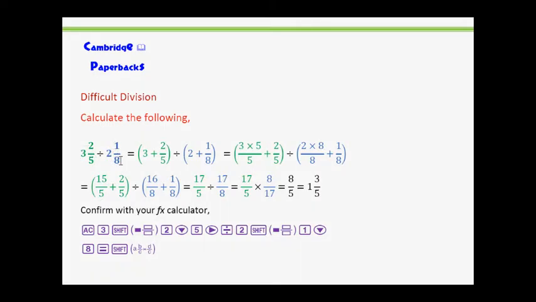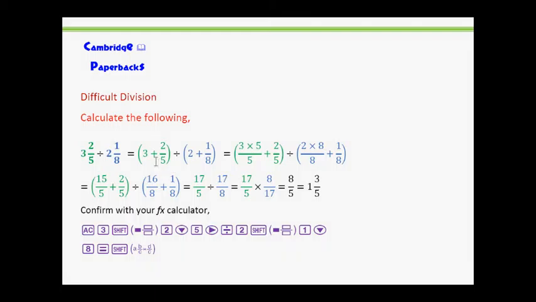by 2 1/8. What we're going to do is to recognize that 3 2/5 is equivalent to 3 plus 2/5, and also 2 1/8 is equal to 2 plus 1/8.